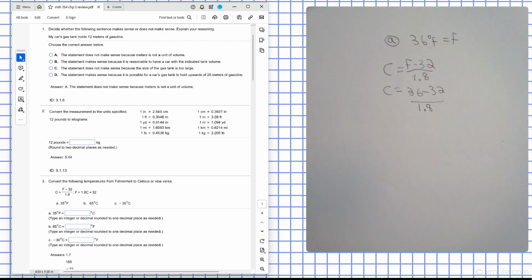Once that's done, we can use our calculator.